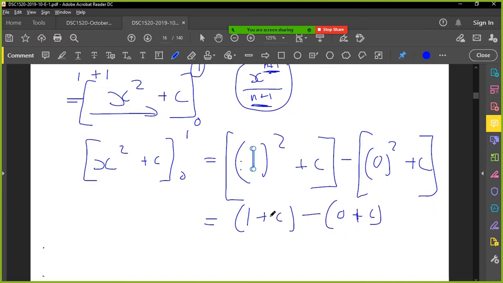A plus c and a minus c give you 0, so you're left with 1. Does that make sense? Yeah. So you always take the top part first and then subtract the bottom part. Correct. Whatever this is, you plug that into the function, and then you do this for the other thing as well. Plug in the 0 for the function, yes.